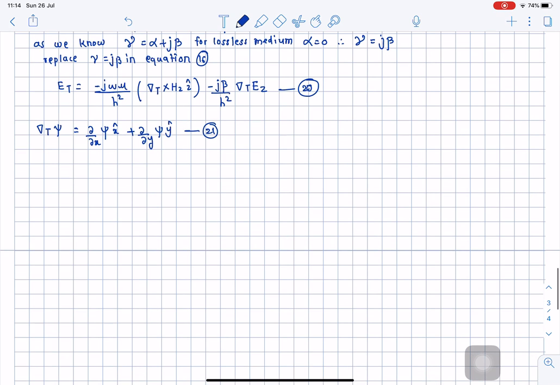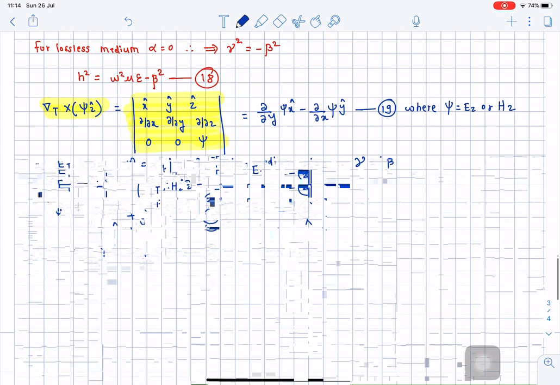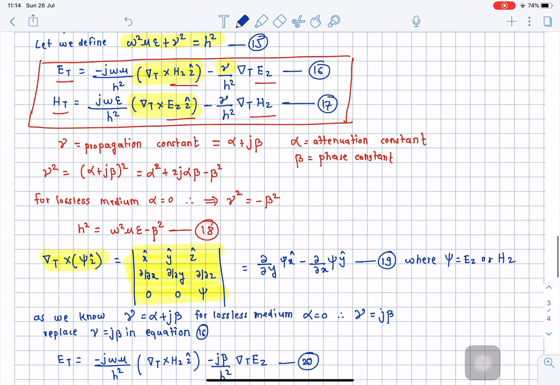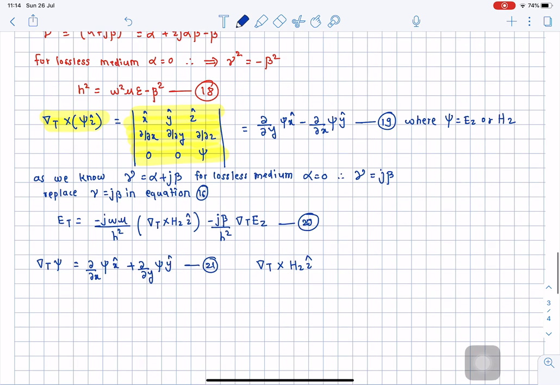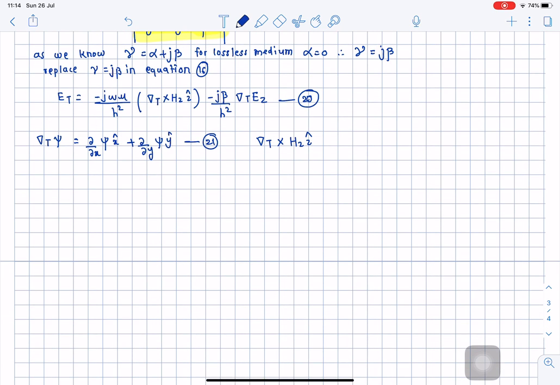Here we write del of t into Hz z cap, replacing psi with Hz z cap. How is this curl written then? We want the equation for del of t into Hz z cap. By using the above theory, this can be written as a matrix of x cap, y cap, z cap; del by del x, del by del y.